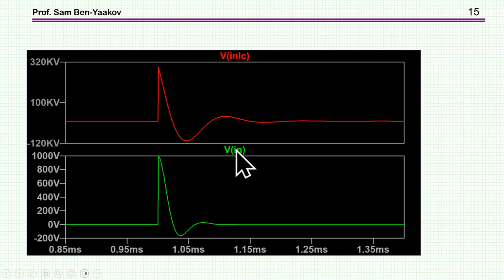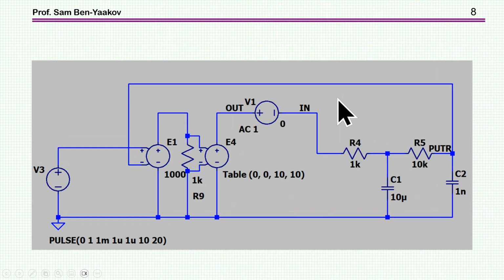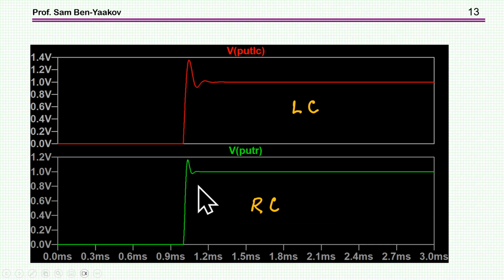But if we look at the input voltage at the system, and I'm talking about the voltage here and the voltage here, we find that in this linear system, the voltage is here 1 kilovolt and here about 300 kilovolt. Meaning that in order to get this nice response, the system has to generate a very high input voltage, especially for the LC, of course, because there is an inductor.